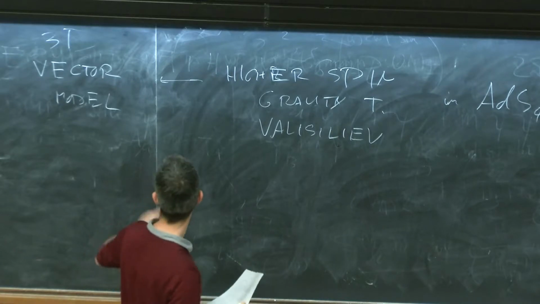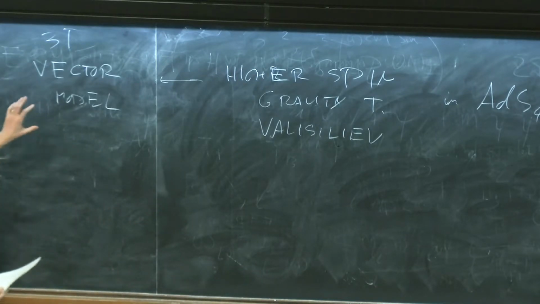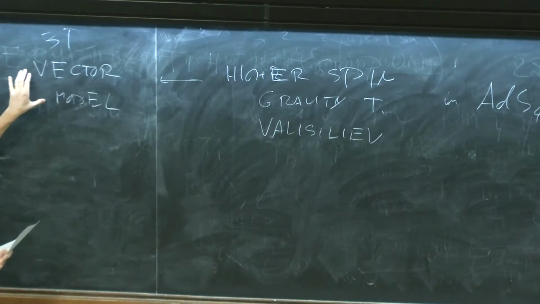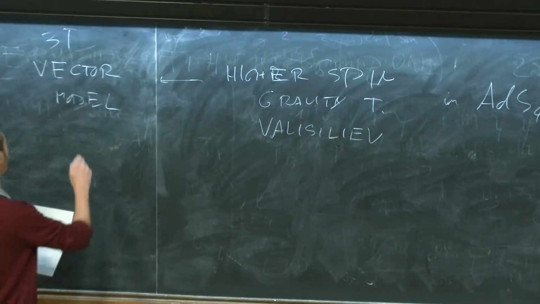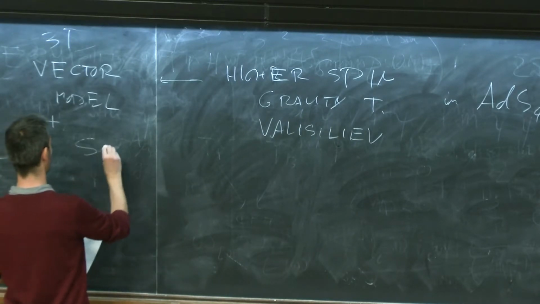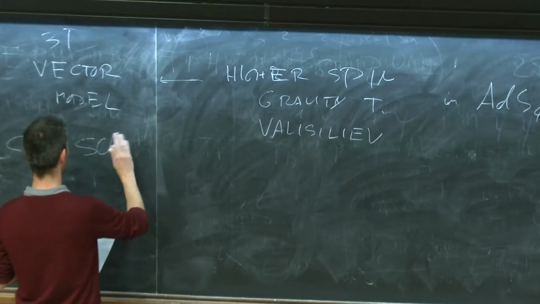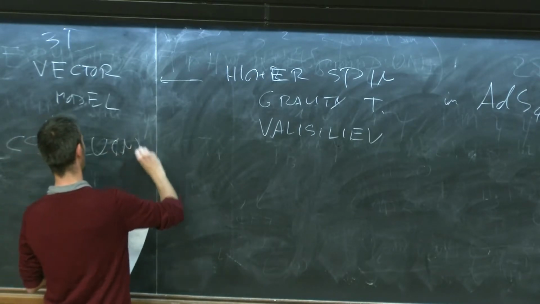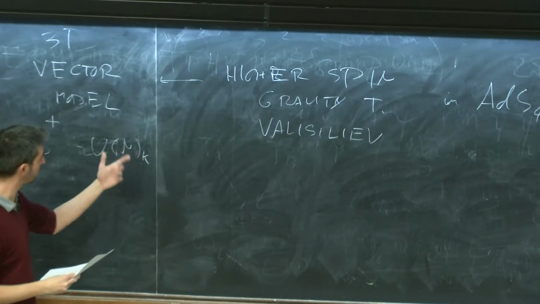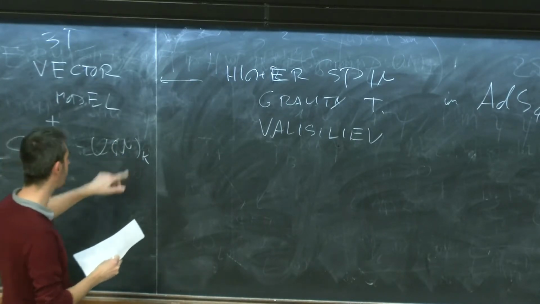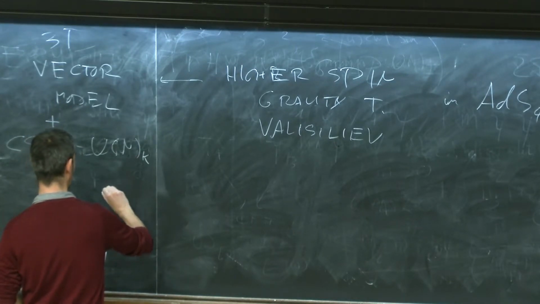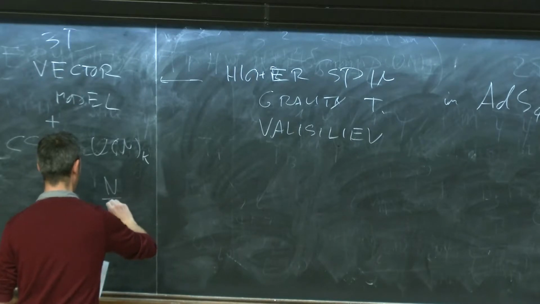Then people understood that it was possible to generalize this duality to the case in which you actually gauge this vector model with Chern-Simons interactions, say some U(N) at level K, and one has to take a 't Hooft limit in which N goes to infinity, but also K goes to infinity, and what is kept fixed is the 't Hooft coupling N over K.